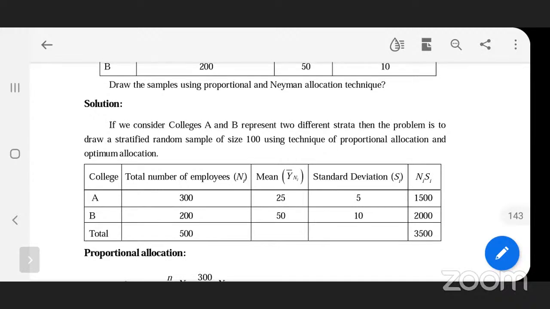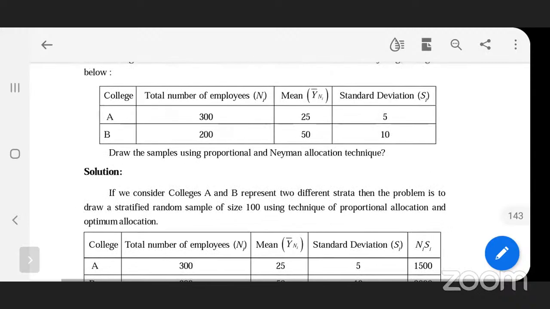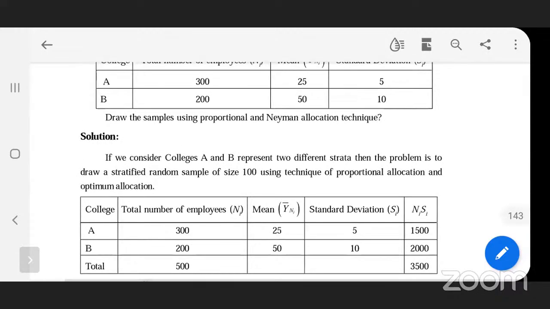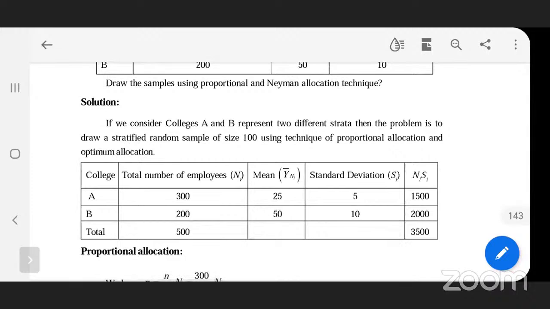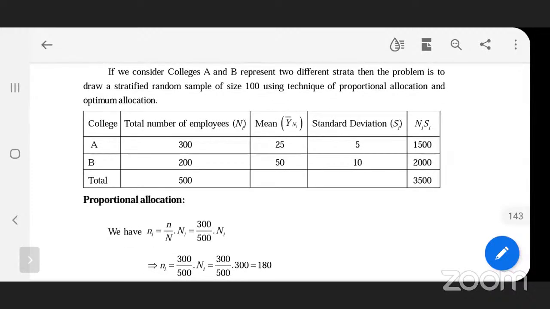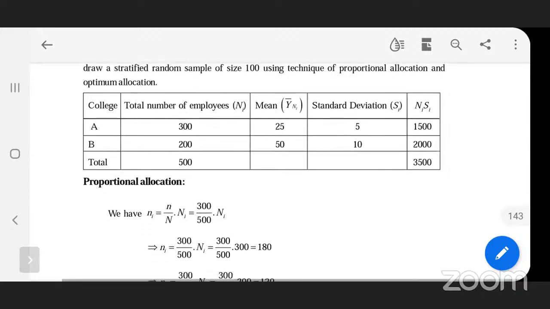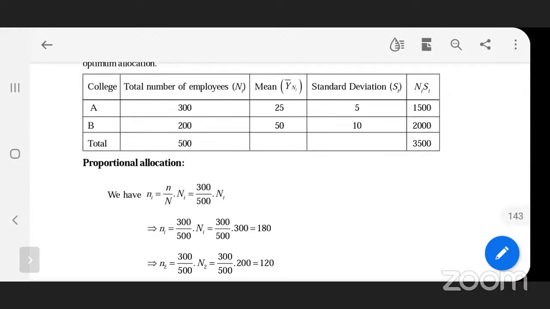Using these techniques, for the proportional allocation I am taking Ni as 300 and 200, Si as 5 and 10, and n as 100. So Ni Si: 300 into 5 is 1500, then 200 into 10 is 2000. So the total out of 500 employees is Σ Ni Si = 3500. For proportional allocation, ni = n Ni / N, so n1 = 100/500 into 300, equal to 60.